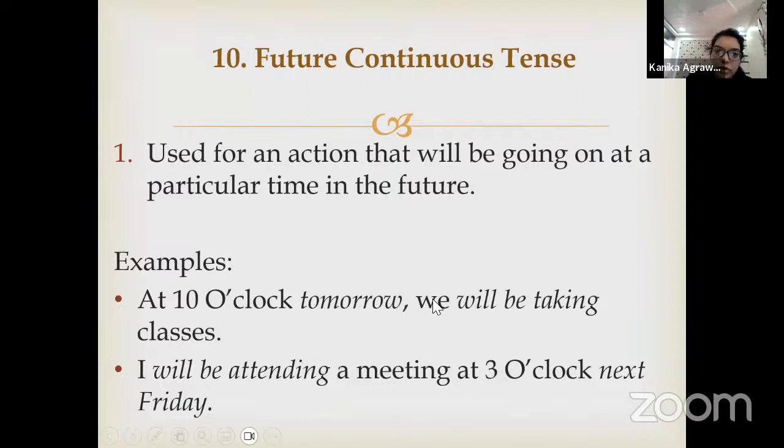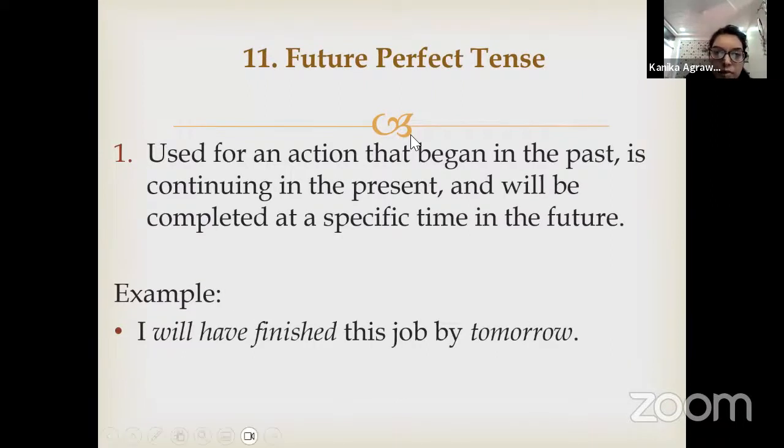Okay. Now next, future perfect tense. It is used for an action that began in the past, is continuing in the present, and will be completed at a specific time in the future. Let's say I will have finished this job by tomorrow. They will have finished the painting by today evening.